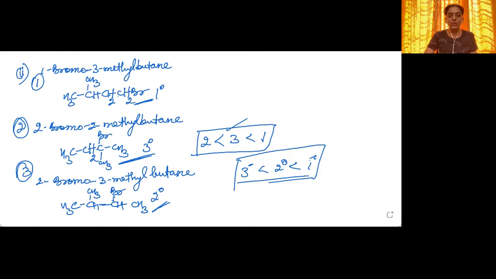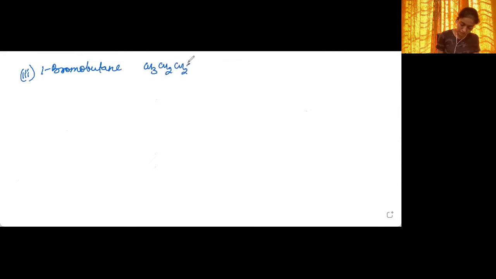Okay, let's now move into the third part of this question. Third part, the first molecule here is 1-bromobutane. I hope he has given 4 molecules in this part, so I'm just drawing it here. 1-bromobutane.